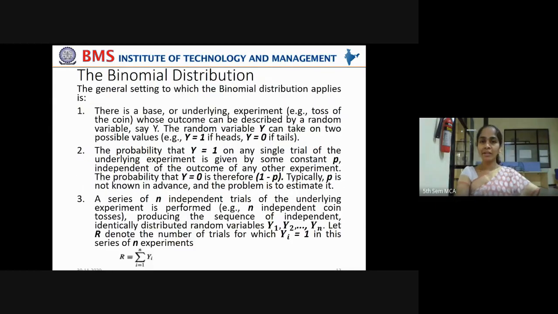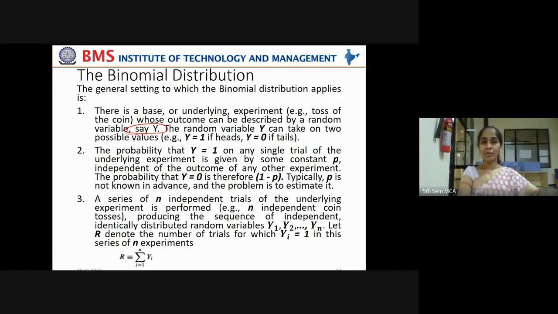Okay. So the general setting to which the binomial distribution applies is that there is a base or underlying experiment, say the coin toss experiment, the underlying base from which we can build this hypothesis testing to get the true error and see whether it is the same as the sample error or not. Where is the base? Where did we start exactly in order to understand this larger complex problem? There is a base or underlying experiment, that is the coin toss experiment, whose outcome can be described by a random variable, say y.